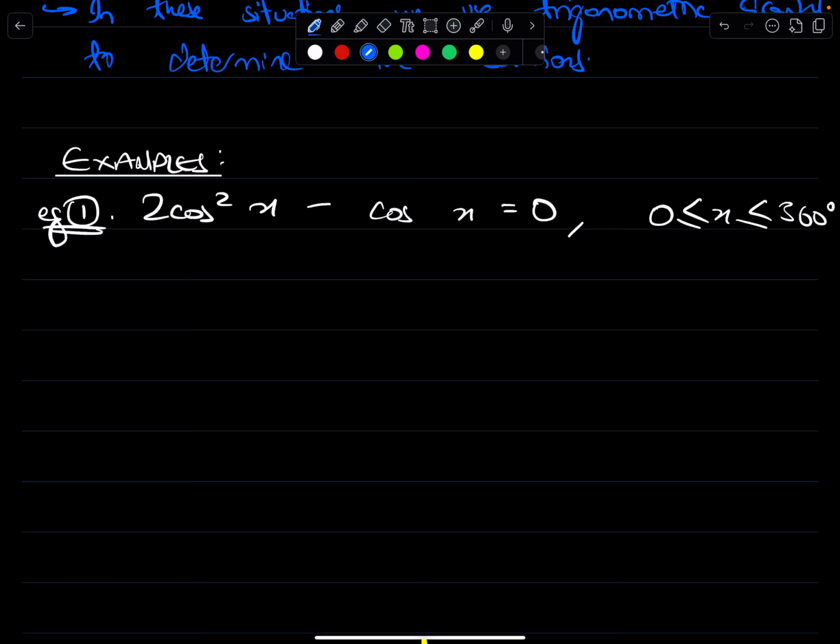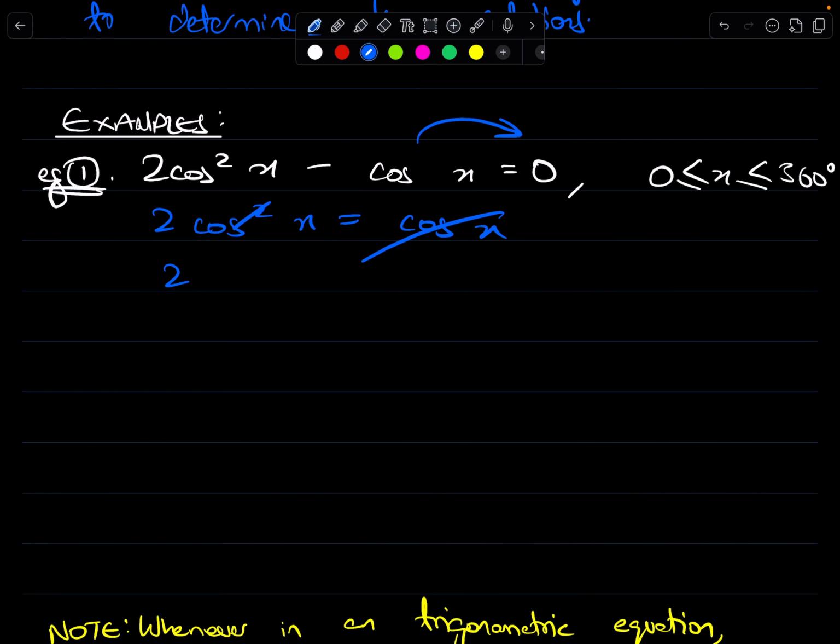Now, I'll change the color first of all. So in this case, realize that we can shift this minus cos x to the other side, and this is what we have. We can cancel out the cos x and we will be left with 2 cos x is equals to 1, or rather I'll make it obvious, that is, let's just say we have 2 cos x divided by 2 cos x, since one of the cos x goes there.